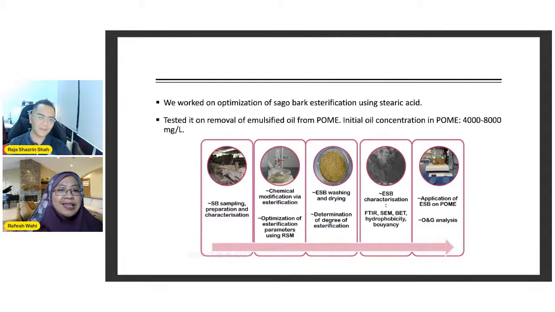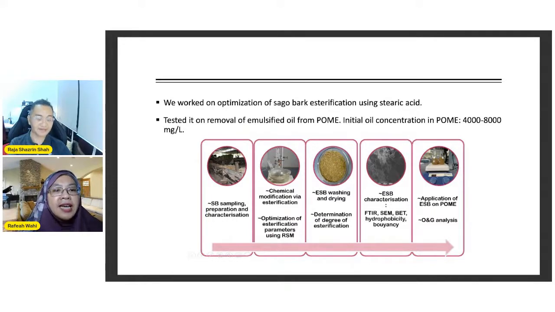Yes, for sago flour processing, they generate a lot of solid waste as well as agriculture byproduct. For example, they have the bark of the tree. They cannot take all the components of the tree for processing sago flour or sago starch. They can only take the inside of the trunk, the soft white part.